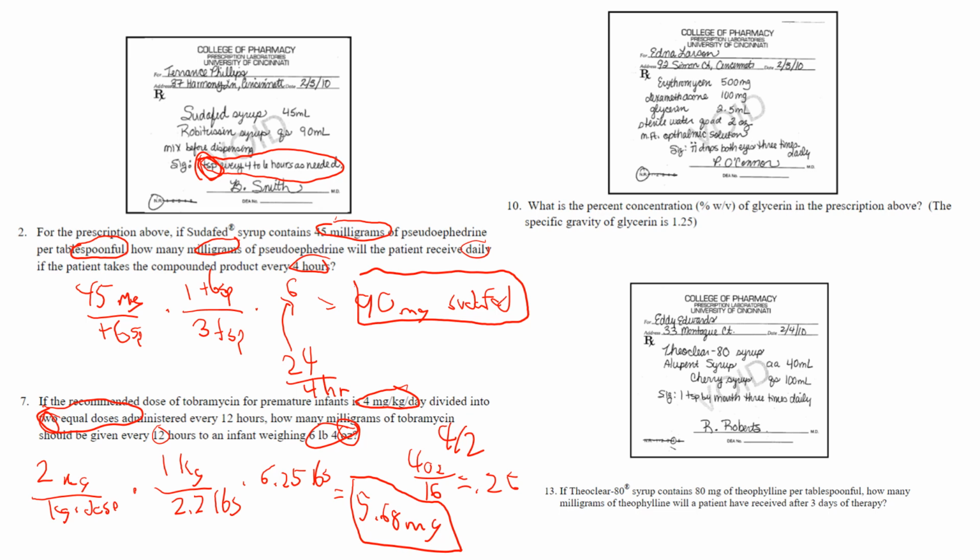For this next one, what percent concentration of weight to volume is glycerin in the prescription above? Specific gravity is 1.25. So another specific gravity. It looks like we have 2.5 milliliters of glycerin, and in this solution, we essentially just need the final volume. Sorry, I'm trying to read this on my computer screen.